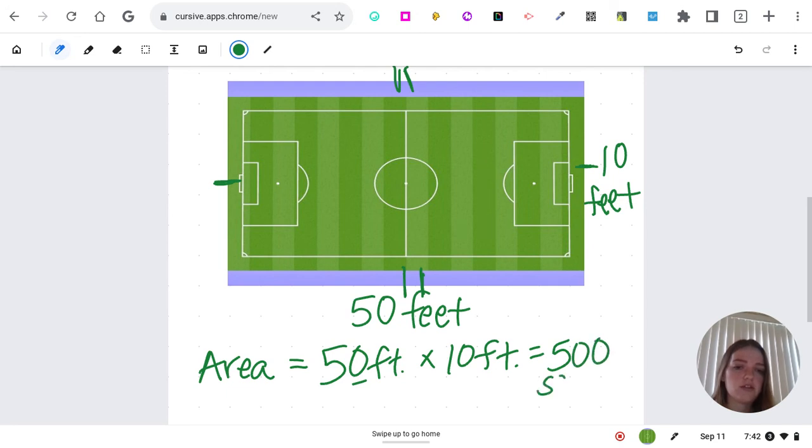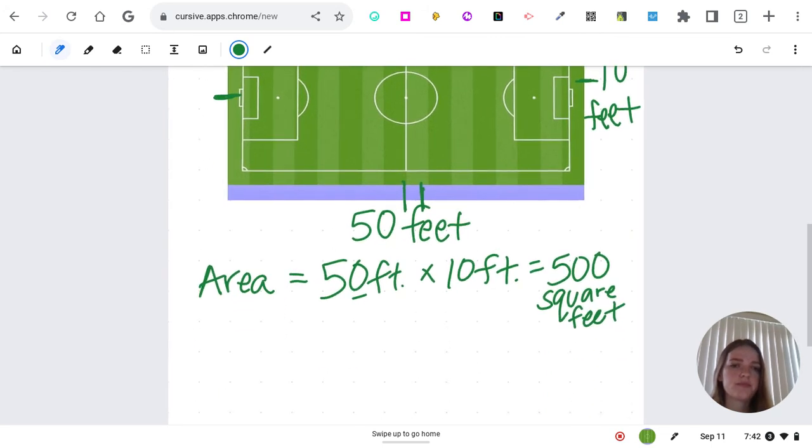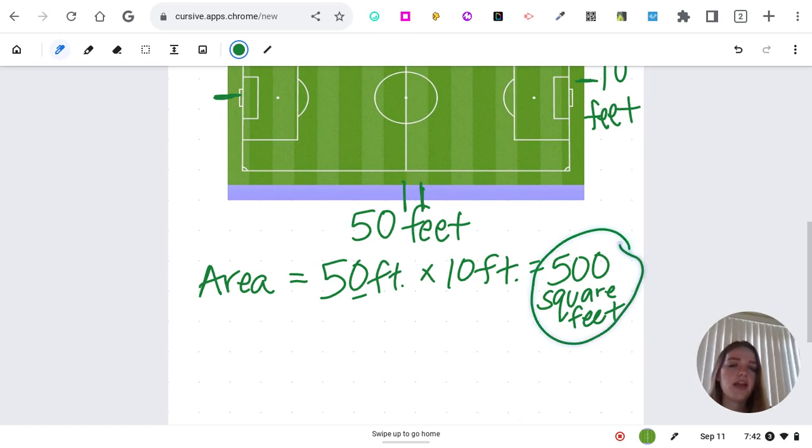And then I can write square feet. If I wasn't comfortable with multiplication, remember that you can use repeated addition. So I could add 50 10 times, and I would still end up with the same answer of 500 square feet.